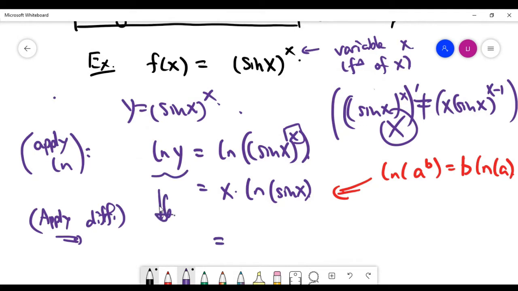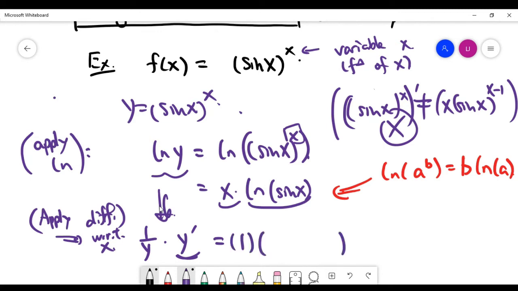For the left hand side, ln y becomes 1 over y first, times y prime, right? Because ln y becomes 1 over y when you do differentiation with respect to y. However, we are doing differentiation with respect to x, so there's a chain rule term coming out, which is the dy dx term. And the right hand side is going to be the derivative of the product of two functions.